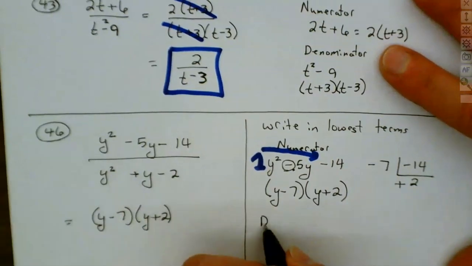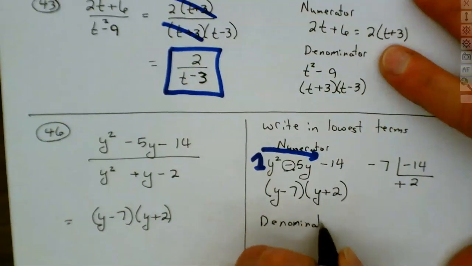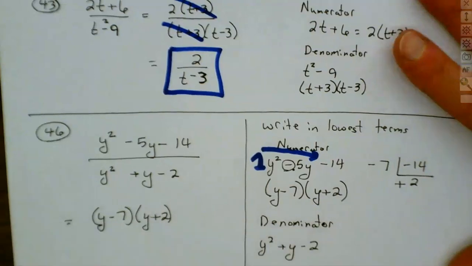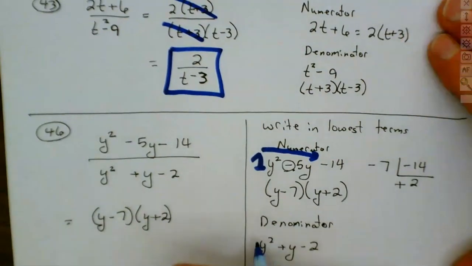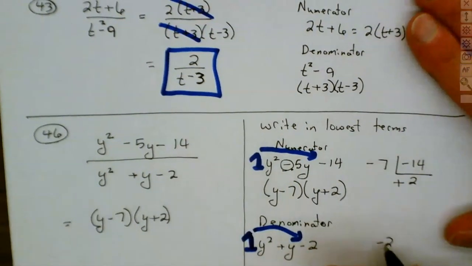Let's now look at the denominator. And it will factor out quickly as well. Y squared plus y minus 2. Well, we put the 1 in front. 1 times a minus 2, well, that is your negative 2. Negative, so we know one number is positive, one number is negative. Sign in the middle is positive.